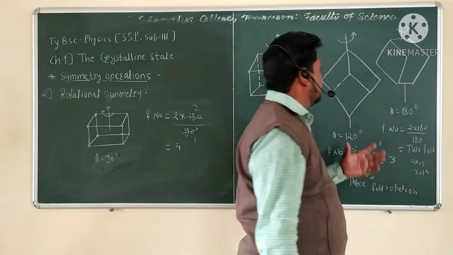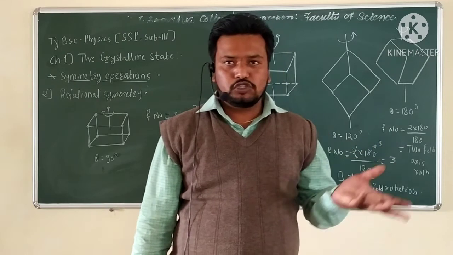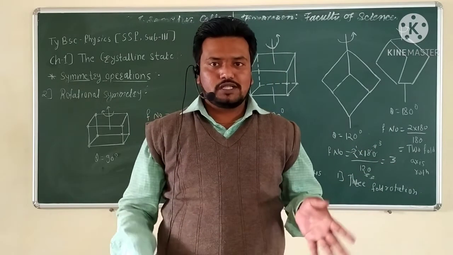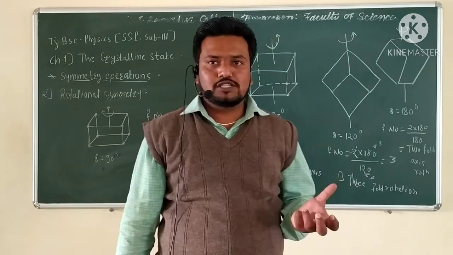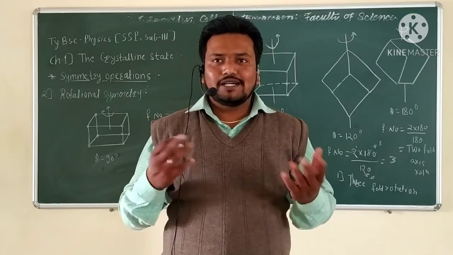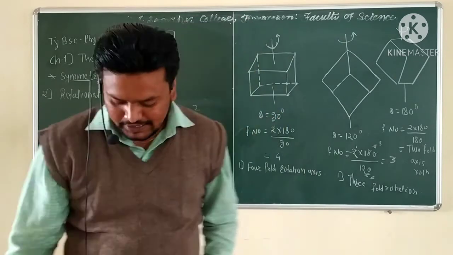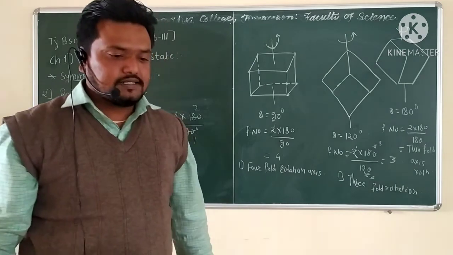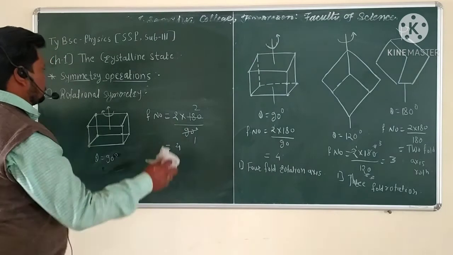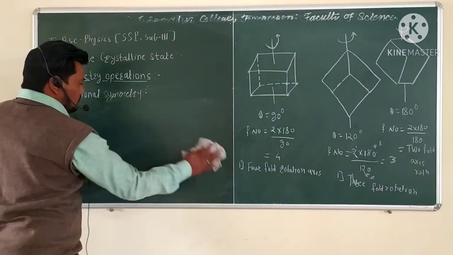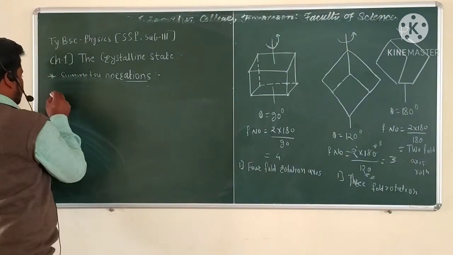So this idea becomes clear by the minimum non-zero angle used for rotation, which gives four-fold symmetry, two-fold symmetry, or whatever type of symmetry. The next type of symmetry is mirror symmetry, the third type, which is symmetry under mirror reflection.